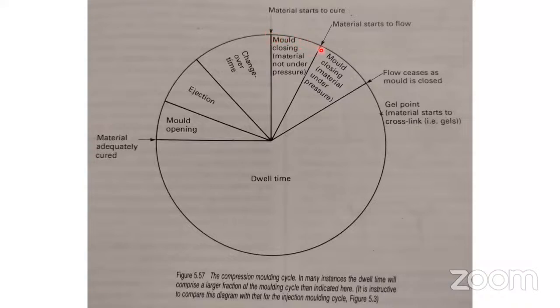After adding the material, mold closing will start from this place. Mold closing starts because the material is inside the mold. When closing stops, flow ceases as the mold is closed.